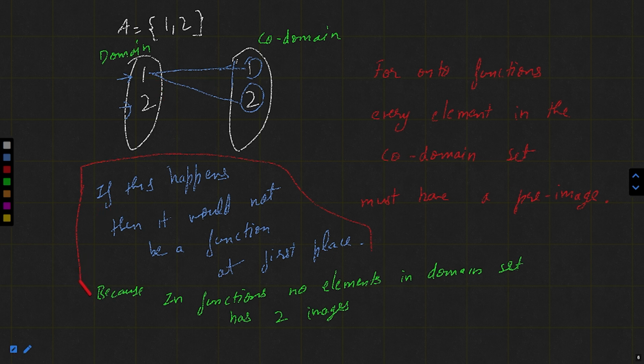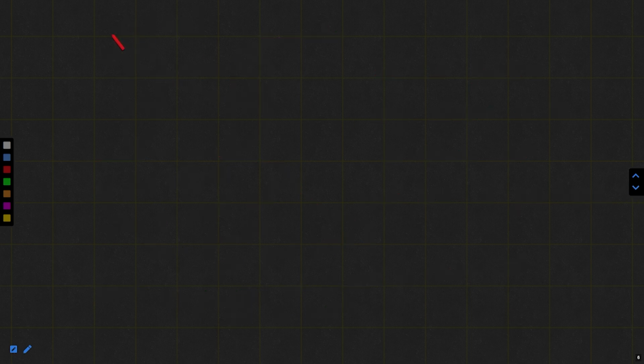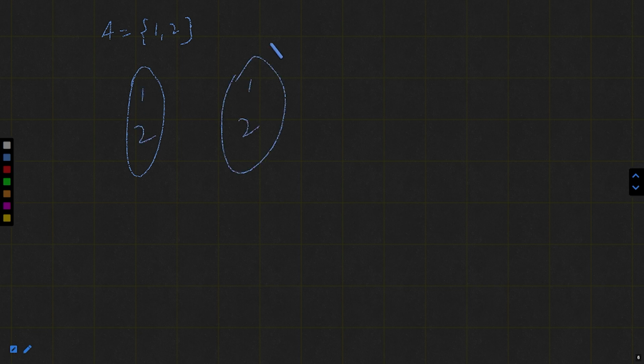Now, what this means for codomain and domain is that if 1 is associated to 1, then 2 is going to be associated with 2. Is this onto? Yes. So one function we come up with is this one.